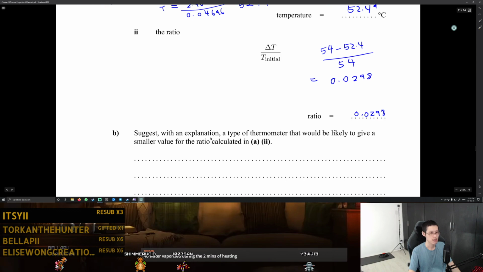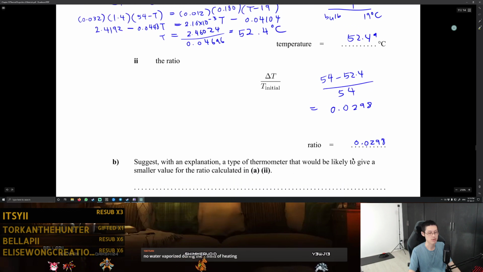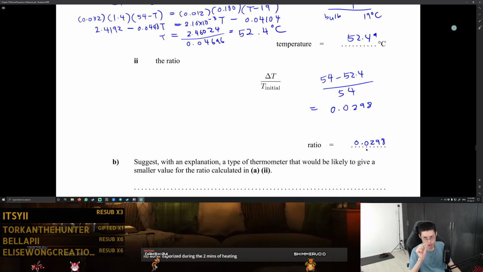So, just an explanation: a type of thermometer that would likely give a smaller value for the ratio calculated in A2. So what kind of thermometer would give a smaller ratio? As I've mentioned earlier, a thermistor is very good for measuring small ranges in temperature because it is very sensitive.